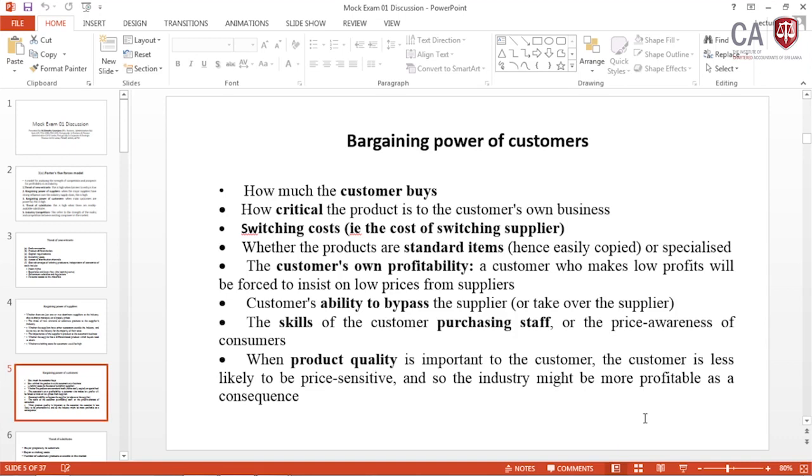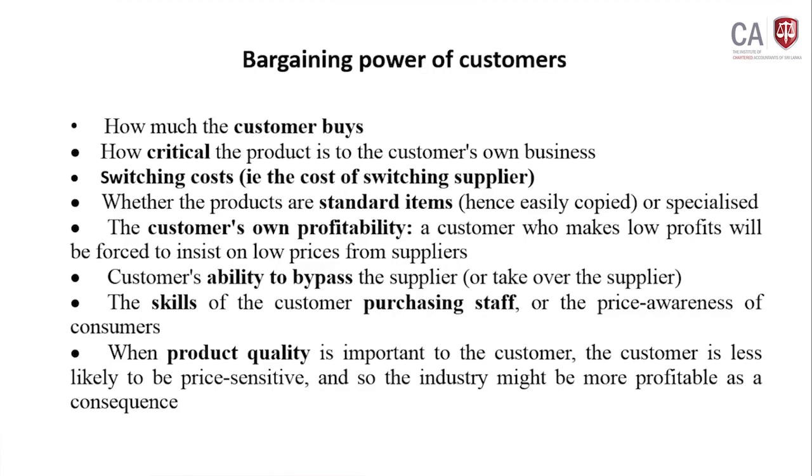Bargaining power of customers. So, what are the factors that determine how much the customer buys, whether customer is purchasing a higher percentage, then how critical the product is to the customer's own business, the switching costs, whether products are standard items or specialized ones, then customer's own profitability, customer's ability to bypass the supplier, skill of the customer purchasing staff or the price awareness of customers, consumers.